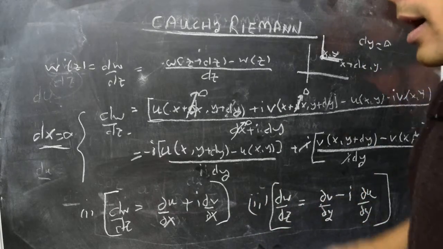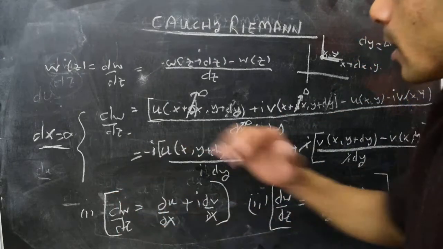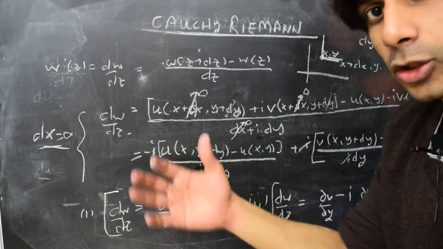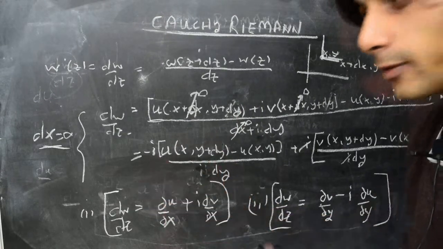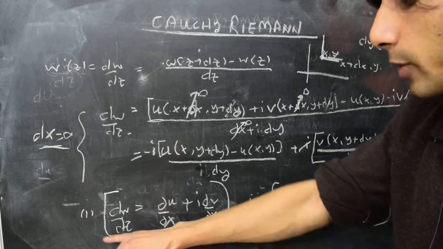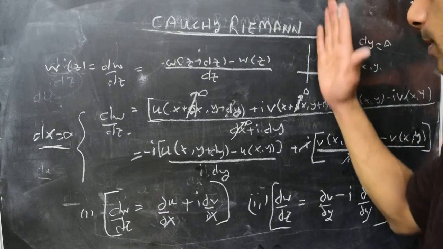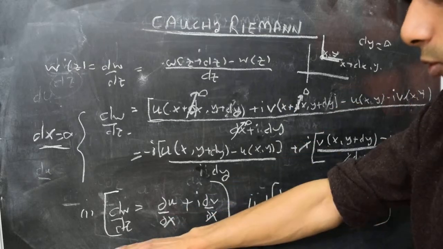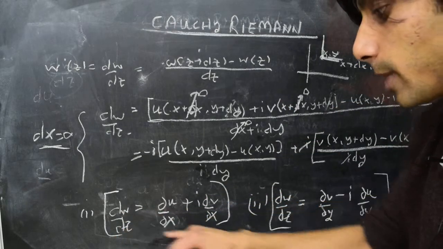Okay, so just to restate, if a derivative exists at the point z, it must be unique and independent of the direction we move away from the point z. We are exploiting that fact in this derivation. We derived a first relation by moving only along the x-axis and keeping y fixed. So we set dy equal to 0 and deduced this expression for the derivative of the function w with respect to z.